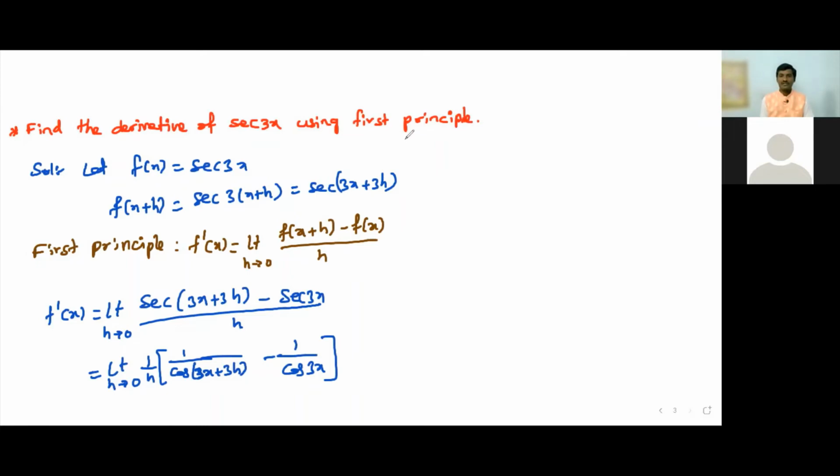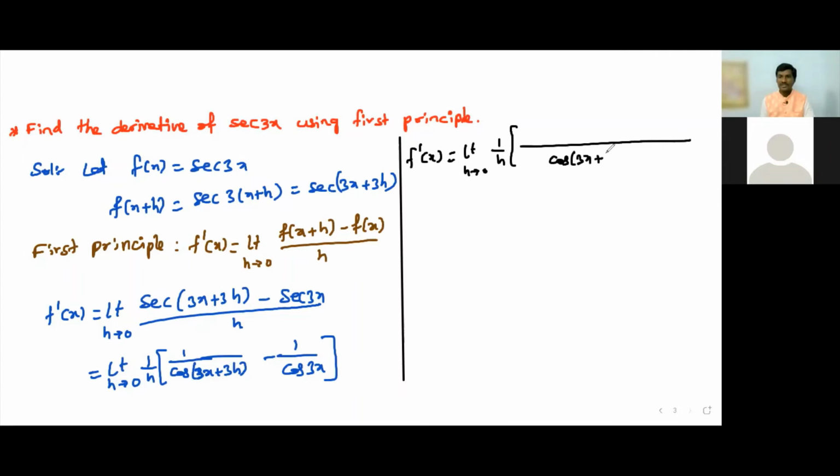So if you take the LCM here, f dash of x is equal to limit h tends to 0, 1 by h into, what is the LCM here? LCM is cos of 3x plus 3h into cos 3x.